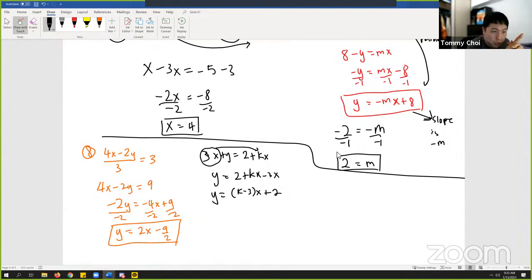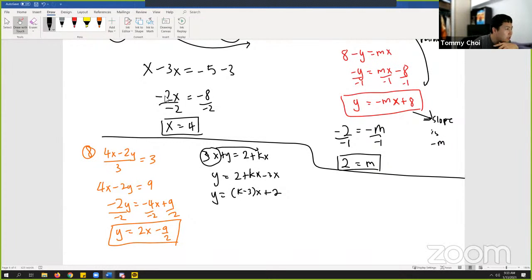So what I've done is subtract k minus 3 because that's what I should be doing. And then I'm going to put x. That's why it's in brackets, by collecting like terms, k minus 3. I've identified they are like terms. I'm going to subtract them and put them in brackets. So that's going to give me k minus 3 in brackets, x plus 2.